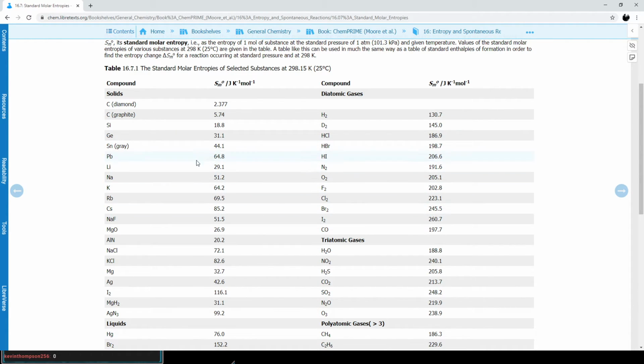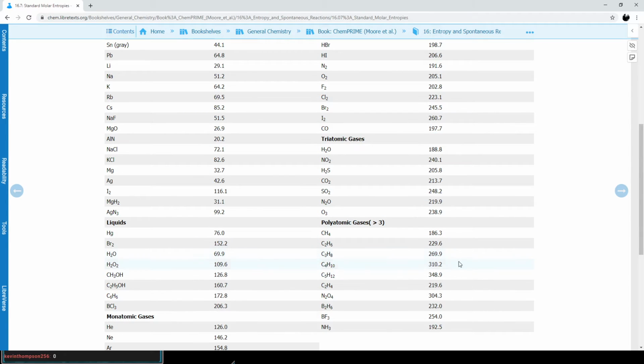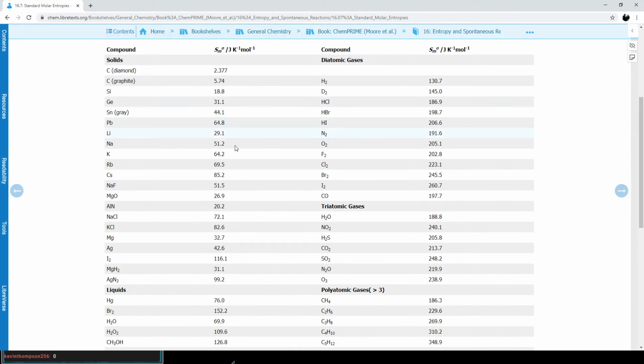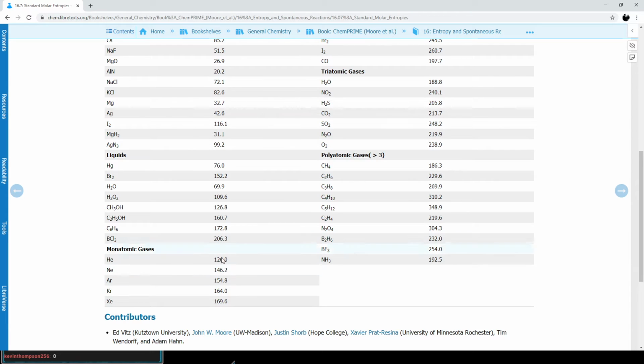And notice we have these monoatomic species, all roughly below 100 for the monoatomic ones, right? We split into diatomic. Notice what happens here. Just trend-wise, we go to triatomic or polyatomic. Notice they get bigger and bigger as we go through. And notice what happens as we go from solids, say around 50 or so, to liquids, to gases: typically they go up, right?